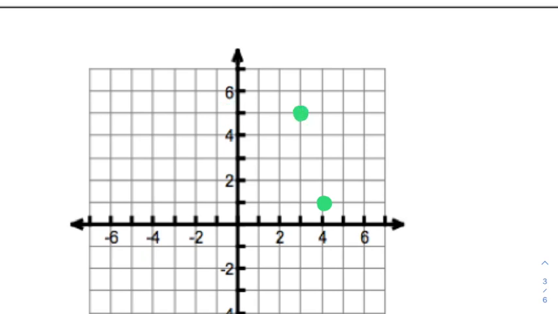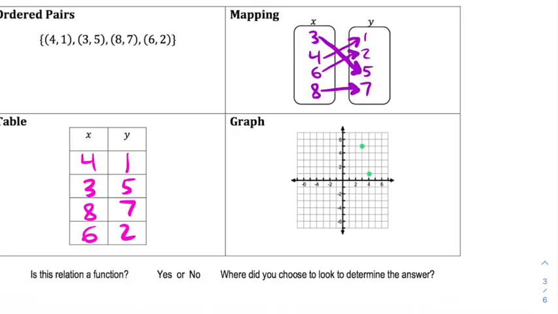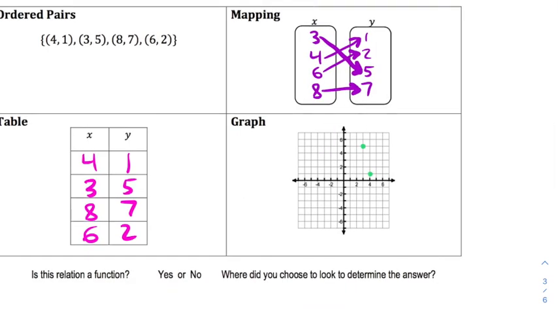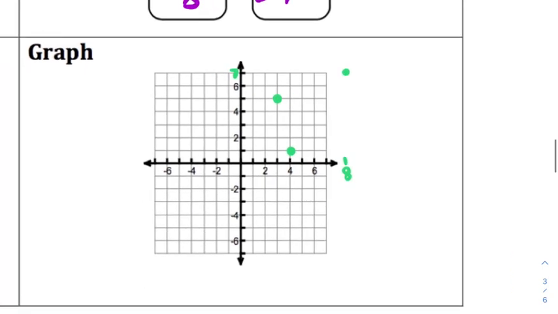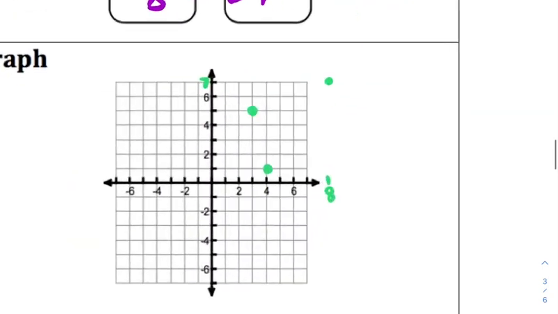In case you're having any kind of tough time graphing, this is the x of 3 and the y of 5, and I plot my ordered pair there. And then I'll do the same thing for 8, 7, which forces me to go off the graph a little bit, and then 6, 2.